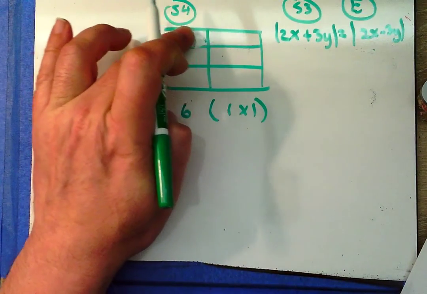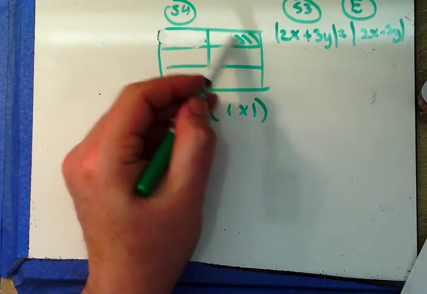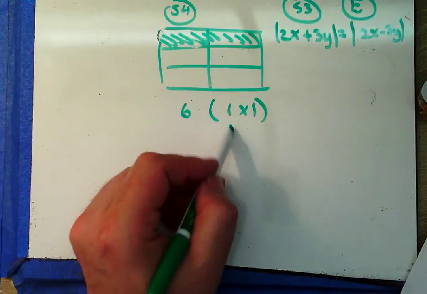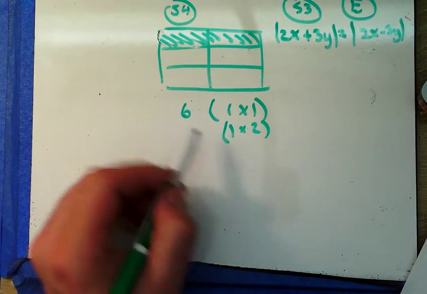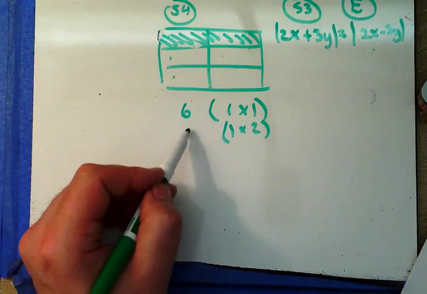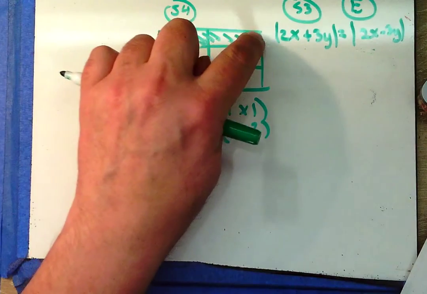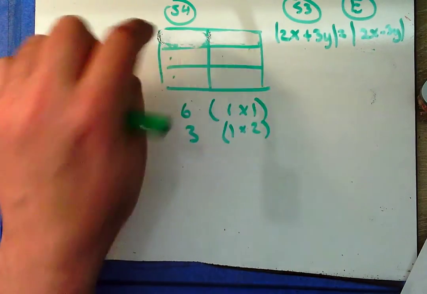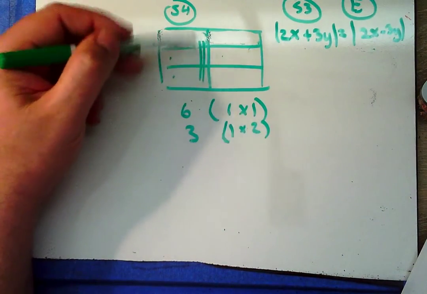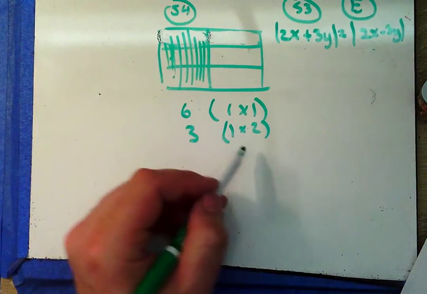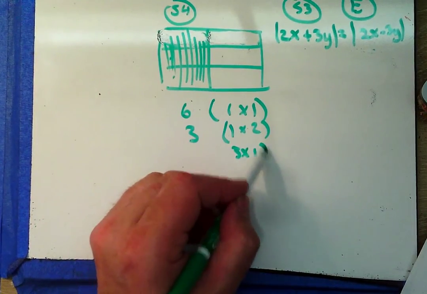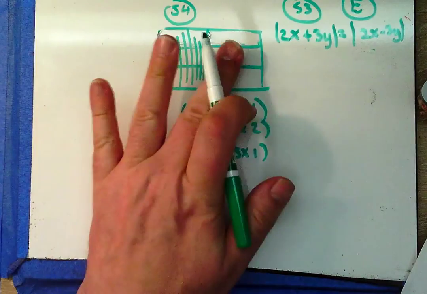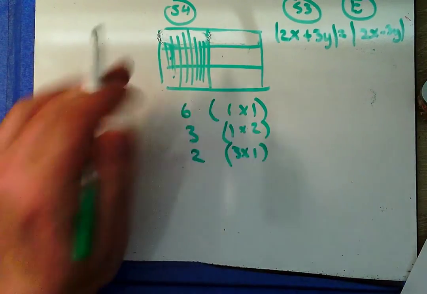But what about rectangles that look like this? These are 1 by 2 rectangles, and I have 1, 2, 3 of those. Okay, what about rectangles that look like this? Those are 3 by 1 rectangles, and I've got 1, 2 of those.